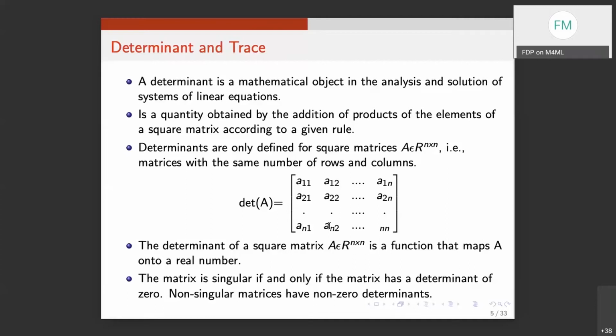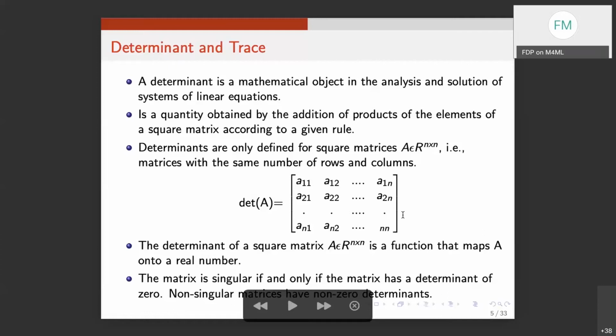It is a quantity obtained by the addition of products of the elements of a square matrix according to some given rule. So how do we find a determinant? It's a function that maps A onto a real number. So the determinant of A is A11, A12 till A1n, representing a set of rows and columns.